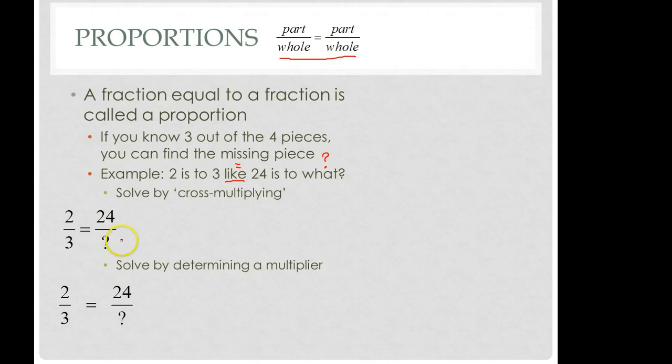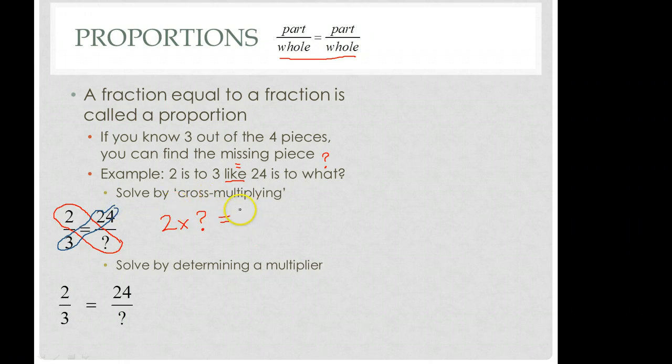Okay, so we solve these problems by doing something called cross multiplying. I'm going to multiply the two things that are on a diagonal together. So I take the 2 and multiply it by the question mark, and then I keep my equal sign, and I multiply along the other diagonal.